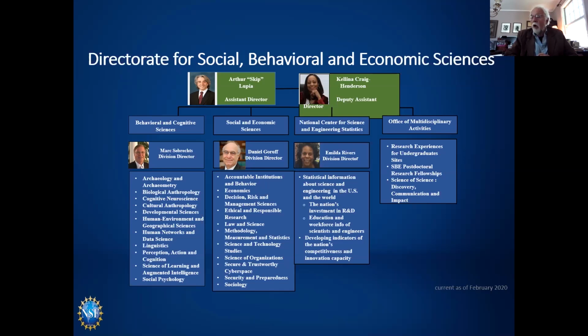Kelly will stay. Hopefully she stays forever because she's good. But it's not a temporary appointment. So you get the institutional memory and the person who knows what's been done in the past in Kelly, and you get the new ideas coming in from an outsider. Skip is a political scientist at the University of Michigan.